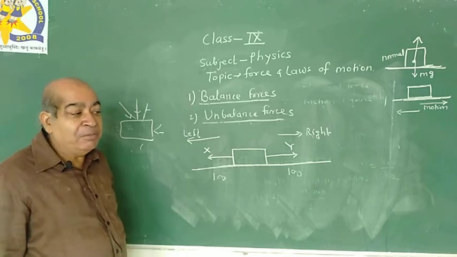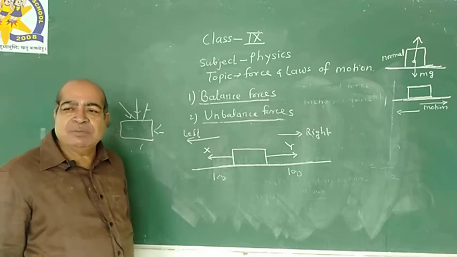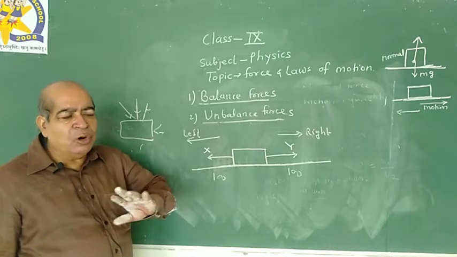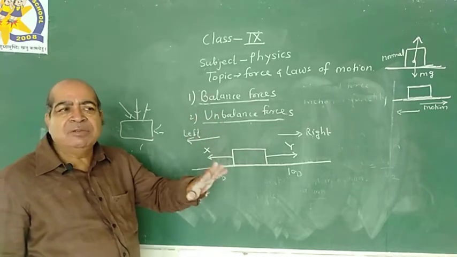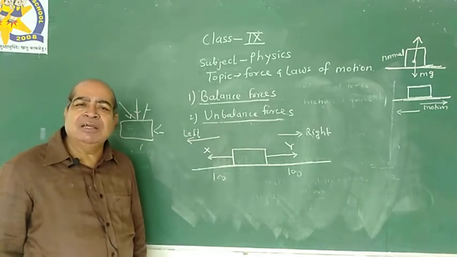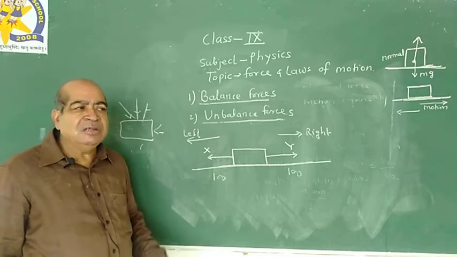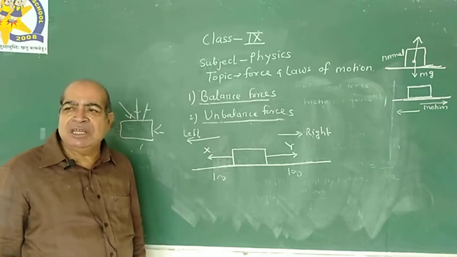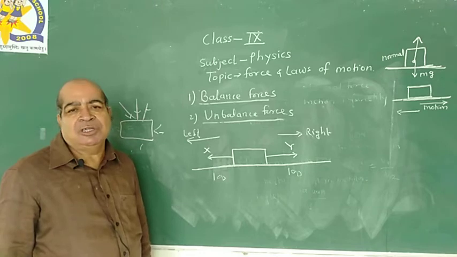This is an important point to remember: when balanced forces are acting on the object, there is no change in position of the object, means the object remains stationary, and when unbalanced forces are acting on the object, there is a motion of the object and the object changes its position and is set into motion.